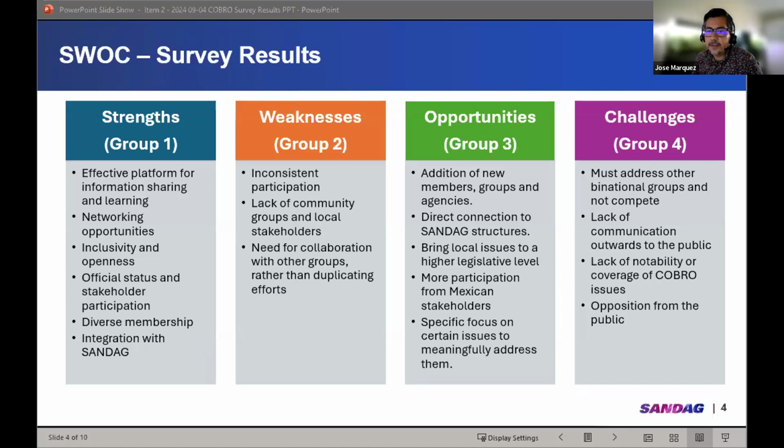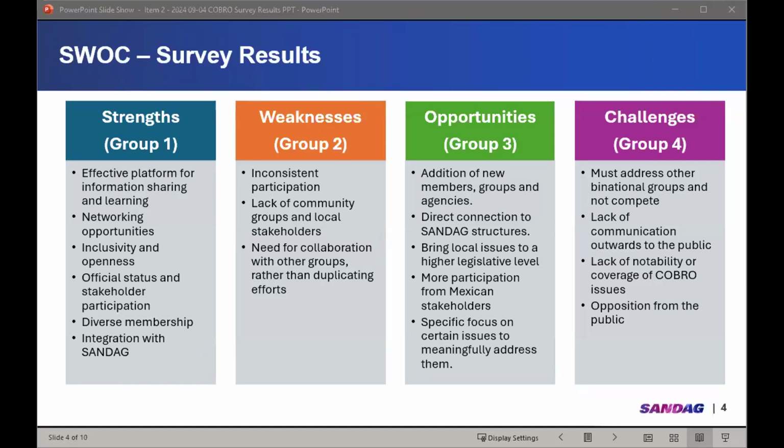So it would be great if we start saying, hey, COBRO members, we're going for this grant, to support the San Isidro intermodal mobility hub or any other concept, and we would appreciate a letter of support from you. I think those types of activities can help make this forum more interactive, so people can see the value of being part of this committee.